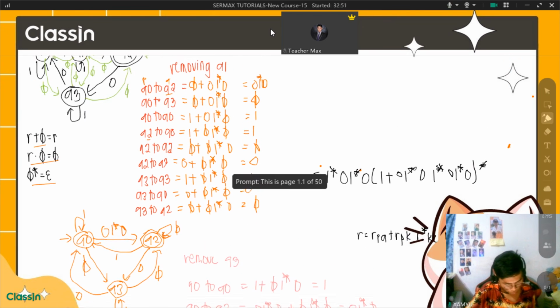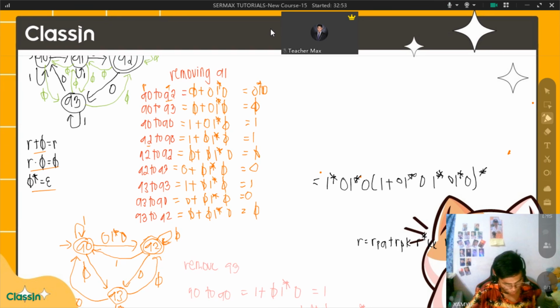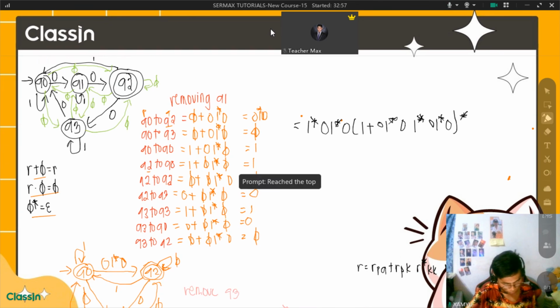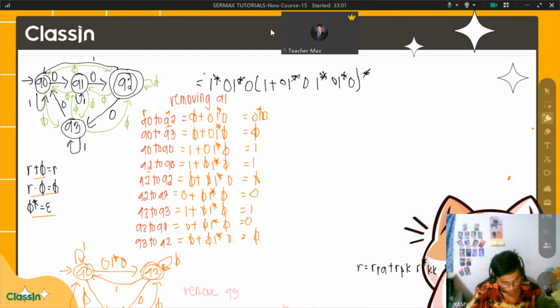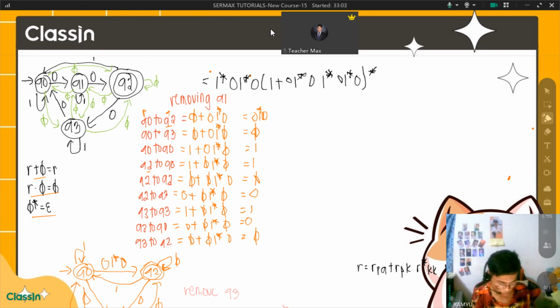Let's try to check in your above graph if this is really valid. So from this particular graph that you do have, we found out this regular expression.